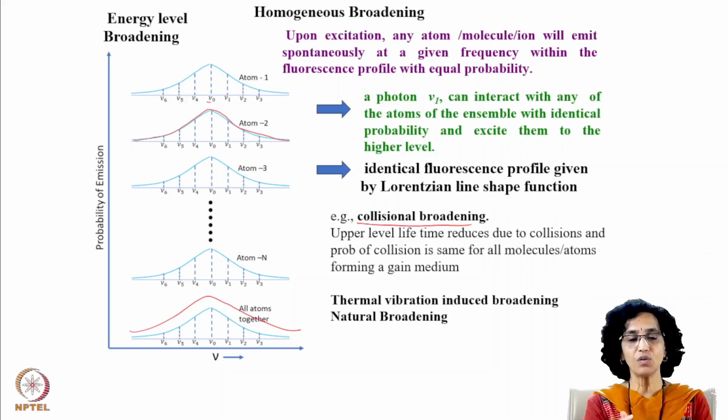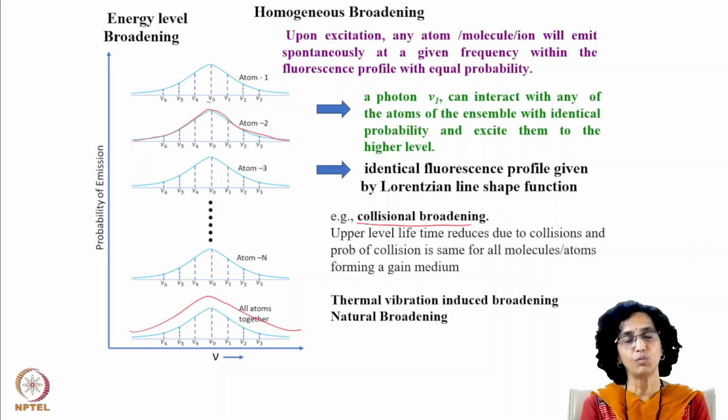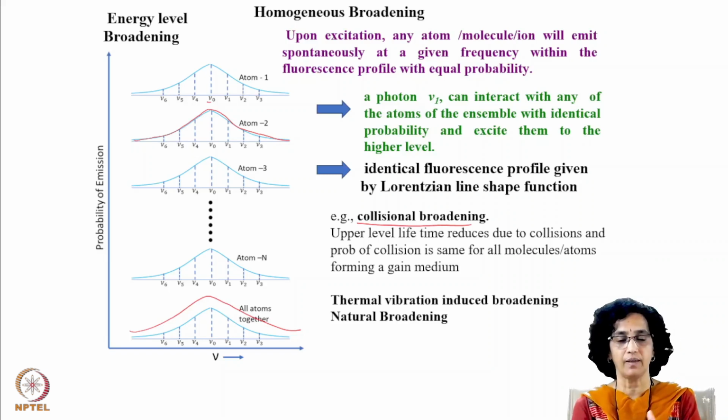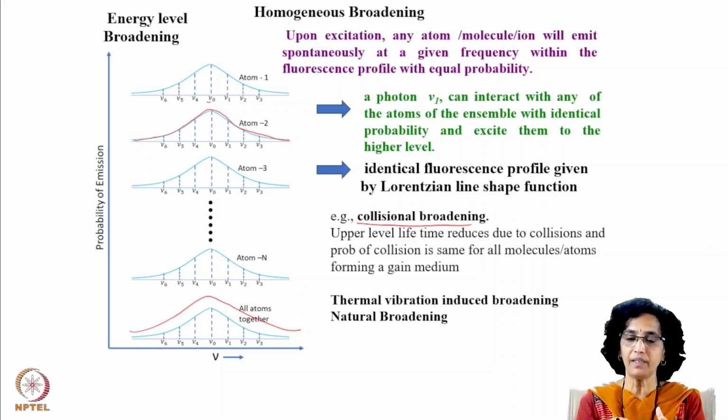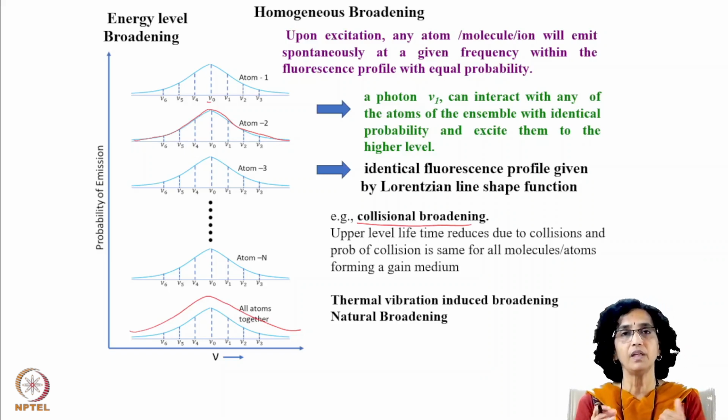We have also touched upon homogeneous broadening, where all molecules constituting the ensemble are identical and have the same fluorescence profile, so they have the probability of emission within that fluorescence profile with equal probability.